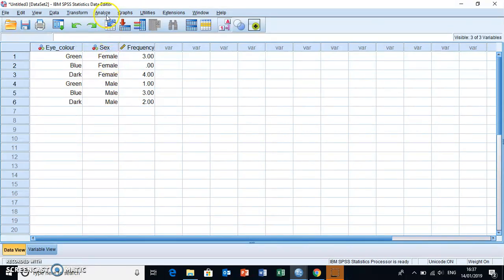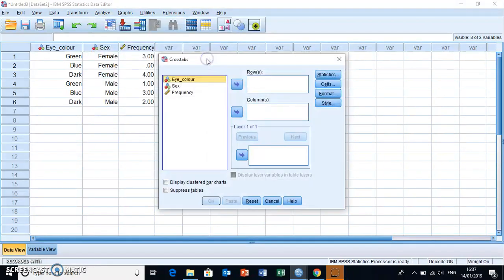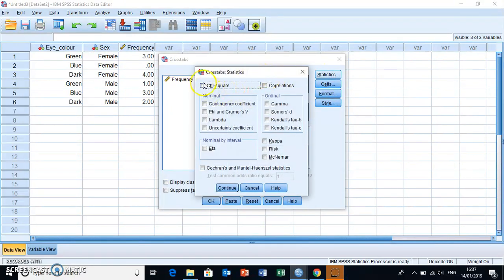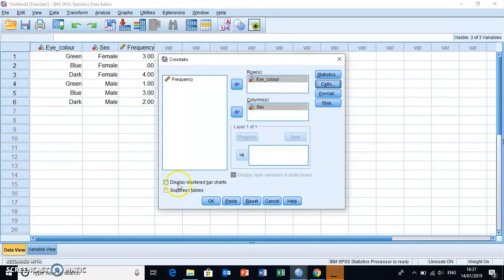And we can do the test exactly the same way that we did before. Descriptive statistics, Crosstabs, and we put our eye color and our sex into the rows and columns. Doesn't matter which way round. We just select chi-square here, and we make sure that we get shown the expected frequencies as well as the observed. Press continue.